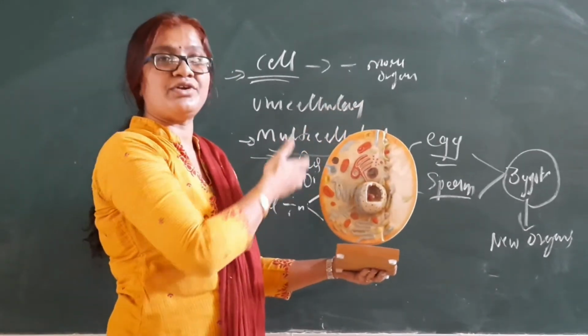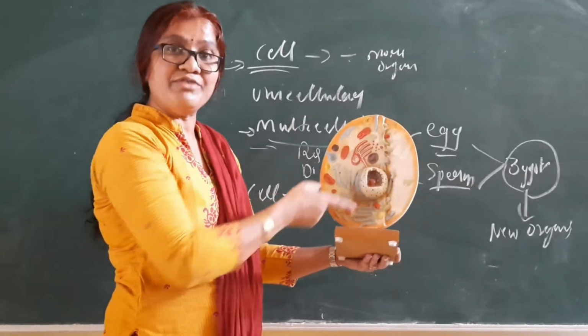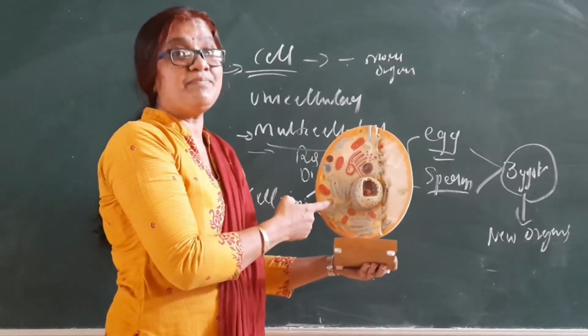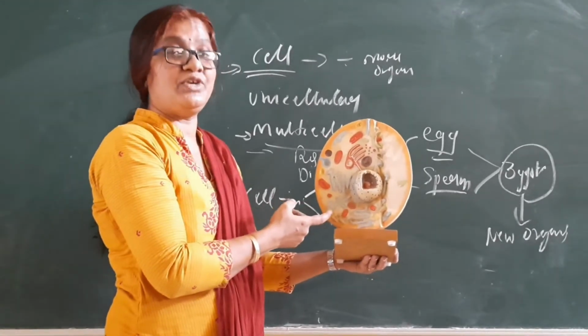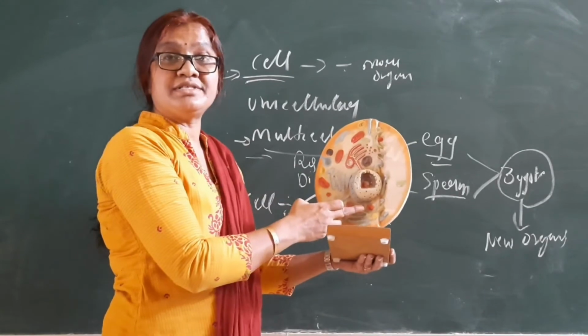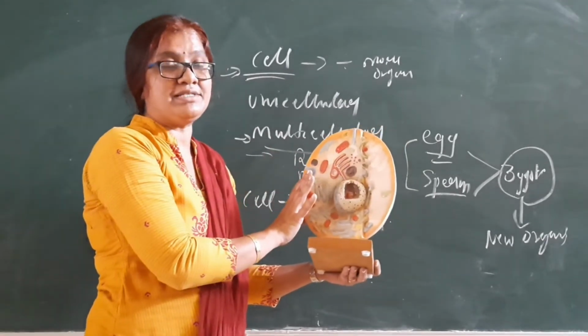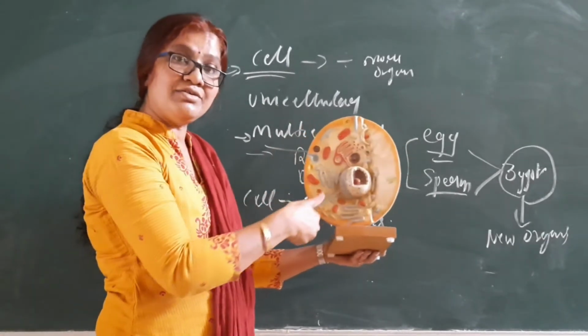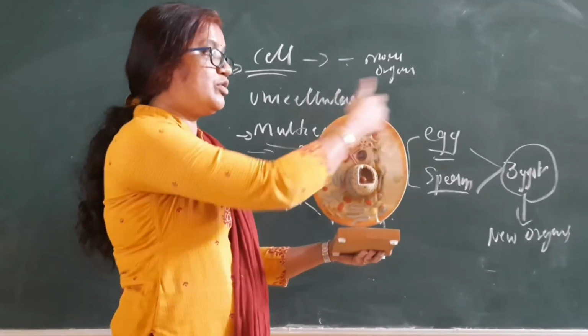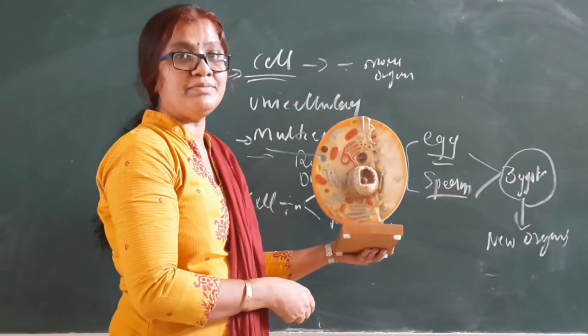It is round in shape. Do you find any vacuole here as you find in the plant cell? No. Vacuoles may be present or absent. If present, they are very small in size, and centrioles are restricted to the animal cell. And do you find any cell wall here, like in the plant cell? No. There is no cell wall in the animal cell.